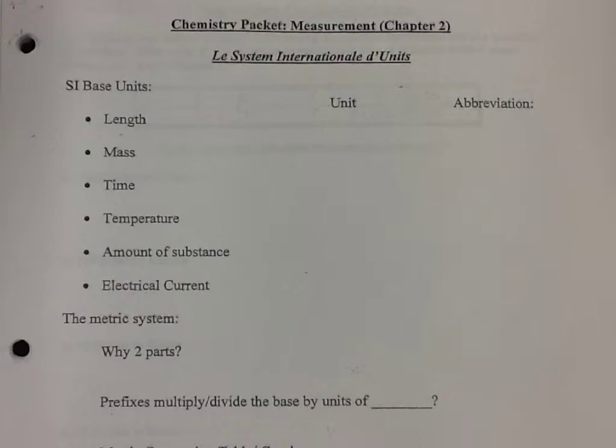So let me give you some examples here. For length, the unit is meter. Now, it's my first time using this little stylus thing, so bear with me. The abbreviation is a lowercase m. For mass, it is grams. Now, for a number of you, this is not new information.